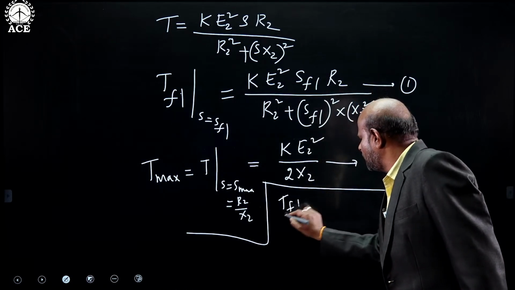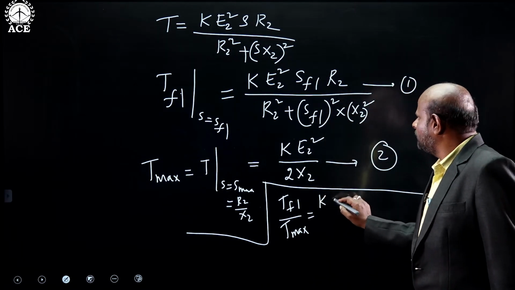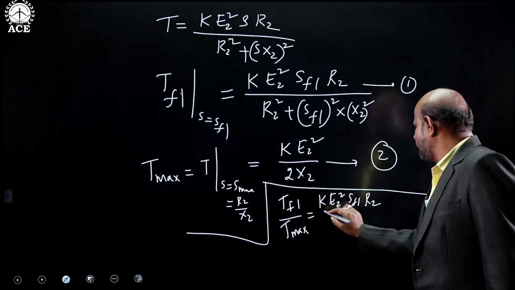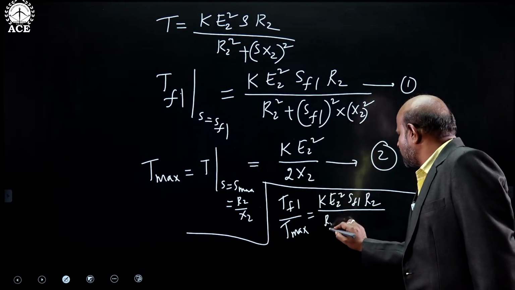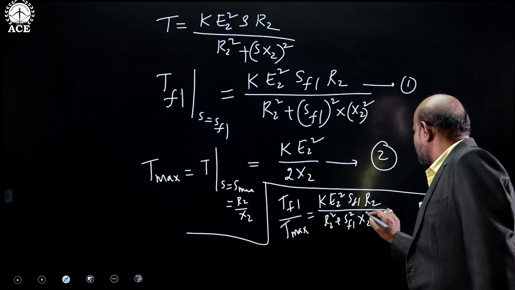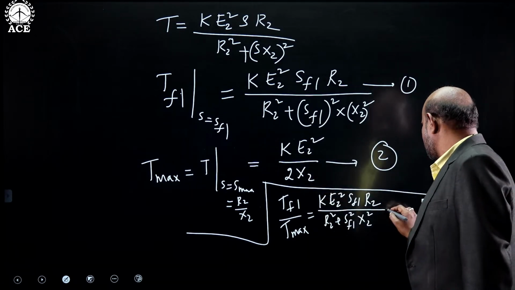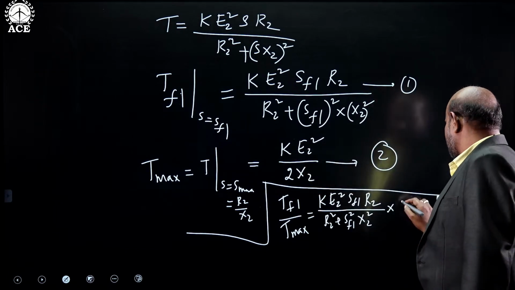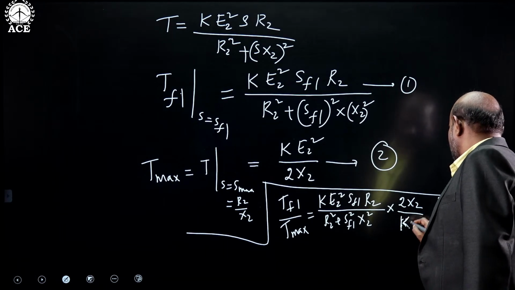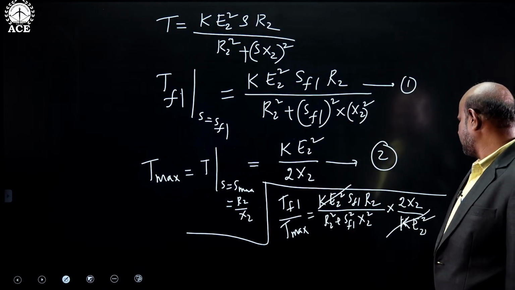So TFL by T max is equal to K into E2 square SFL R2 by R2 square plus SFL whole square into X2 square, divided by maximum torque, K E2 square by 2X2. So these K E2 square terms will cancel out.